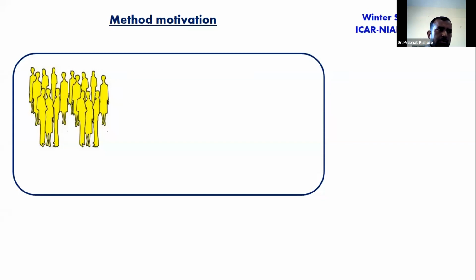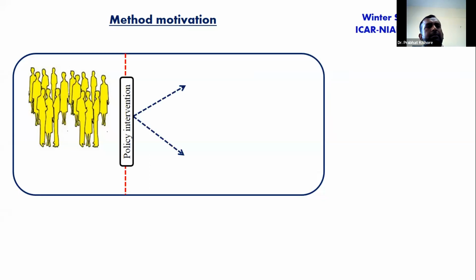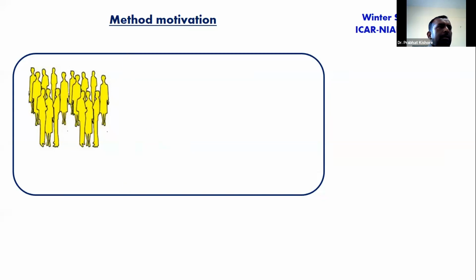So suppose some intervention is there, let it be by the government or some other type of intervention, and for some observations, we are going for a primary survey.